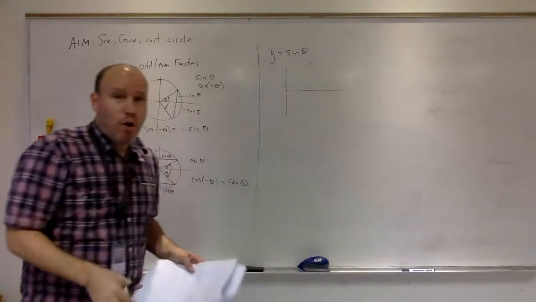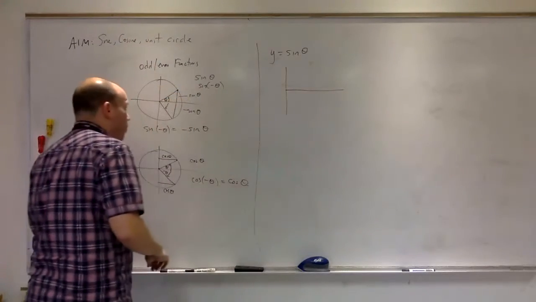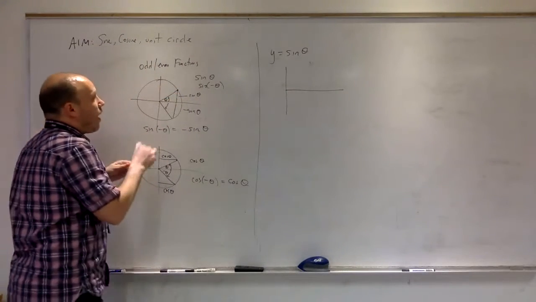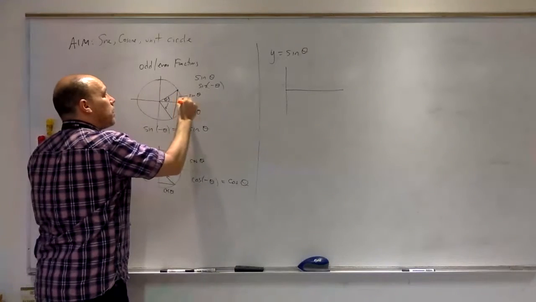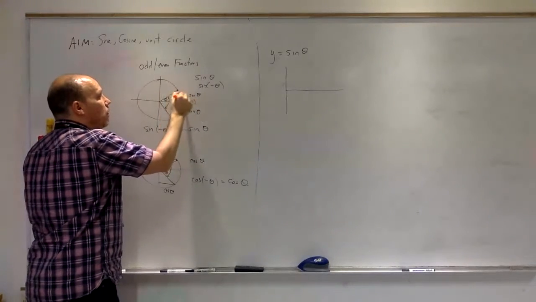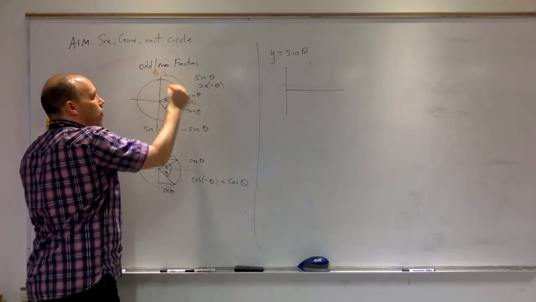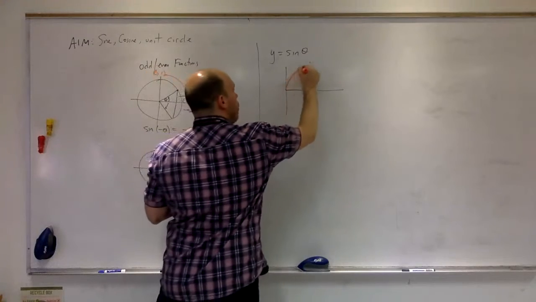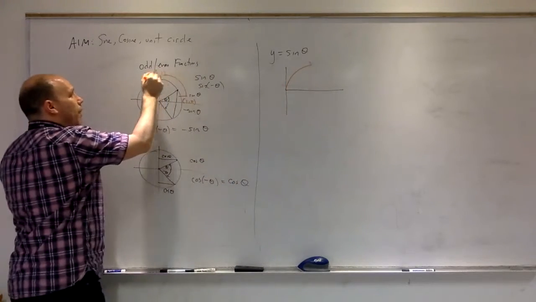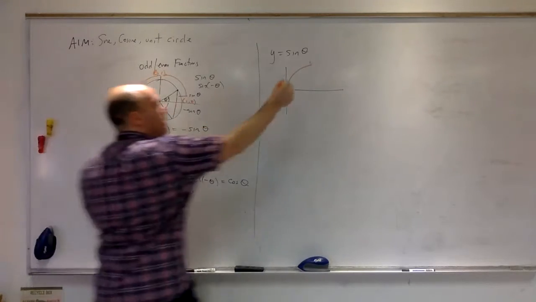We don't have to start at 0, but it's a nice place to start. Let's take a look at our sine wave. We'll use orange. For sine, we start at 0, we move up to 1, and then we're coming back down to the x-axis. So we're down to 0.